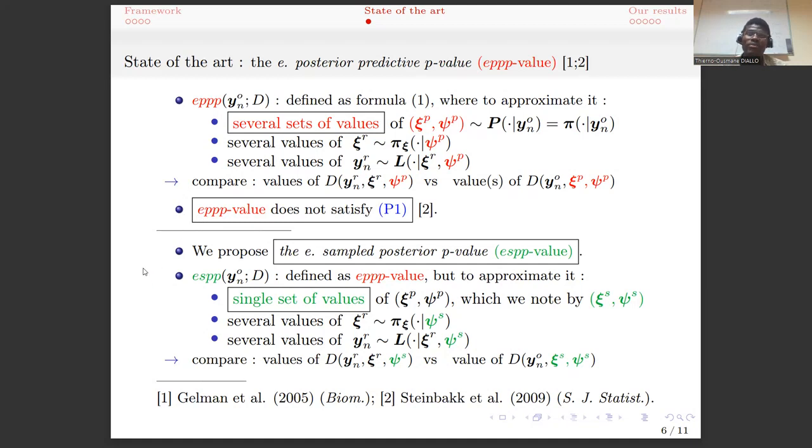As an alternative to the EPPP-value, we propose the extended sample posterior p-value, ESPP-value, which uses a single posterior set of parameters, unlike the EPPP-value, which uses several posterior sets of parameters.